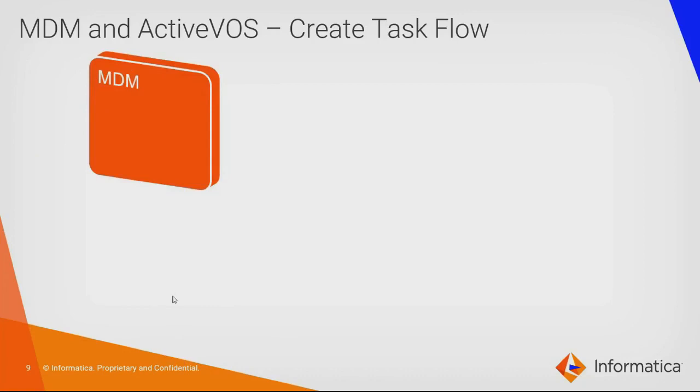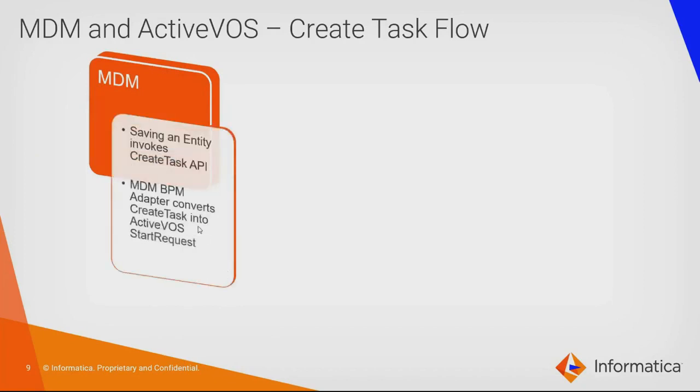Moving on, we'll show you conceptually how the task flows happen between an MDM and the ActiveVOS application. To start with, if your business users log into MDM and either save an entity, in terms of creation or edit of an entity, it triggers a create task API in the backend.